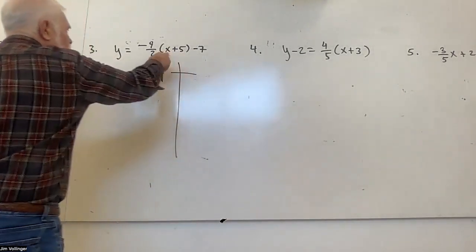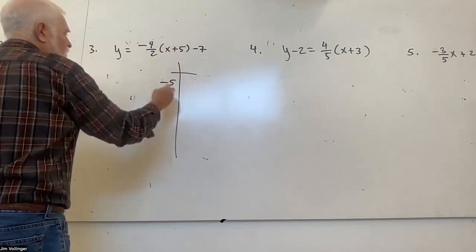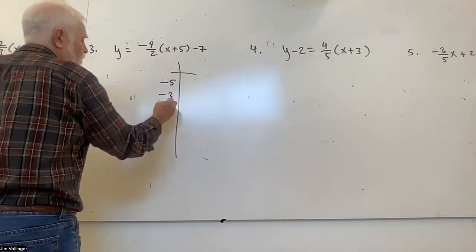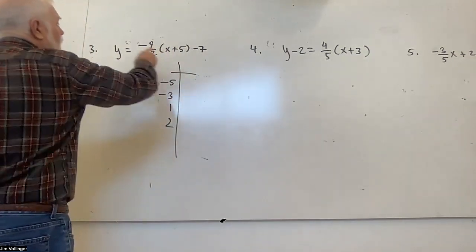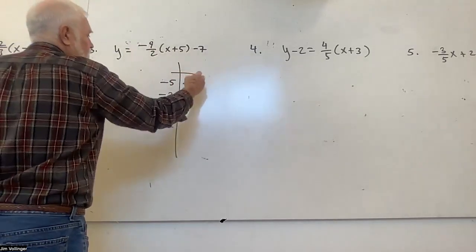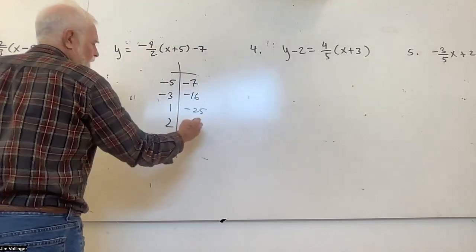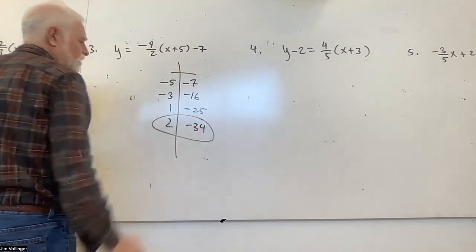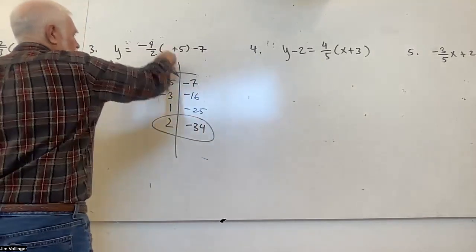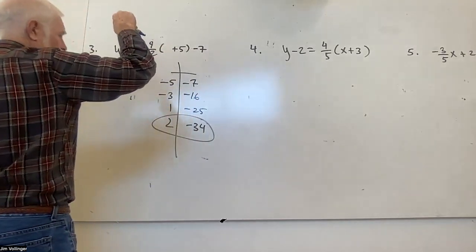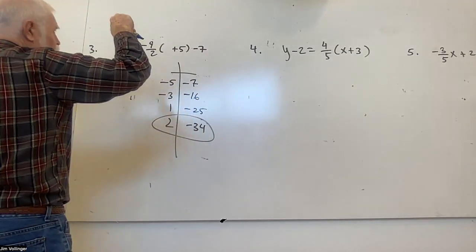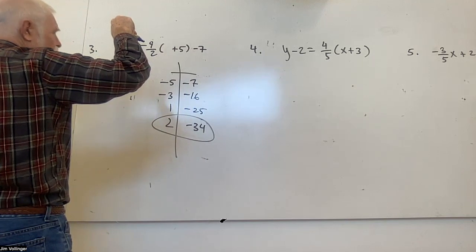Okay, slope intercept, gonna name 4 points on the line. I'll do the x's first. -5 changed by 2, up 2, -3, 1, 2. Start with -7, let's drop 9, -16, -25, -34. Let's check this to make sure it works. And it doesn't. What did I do wrong? 2 plus 5 is 7. I don't like that.